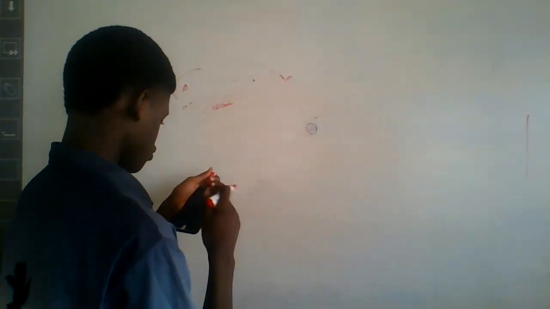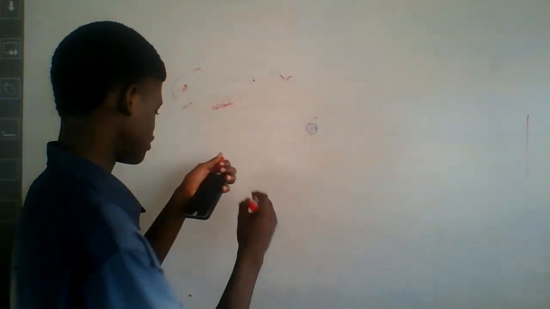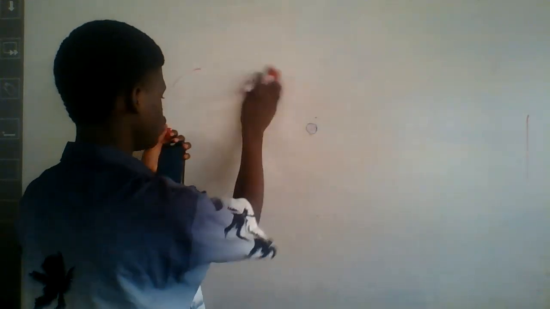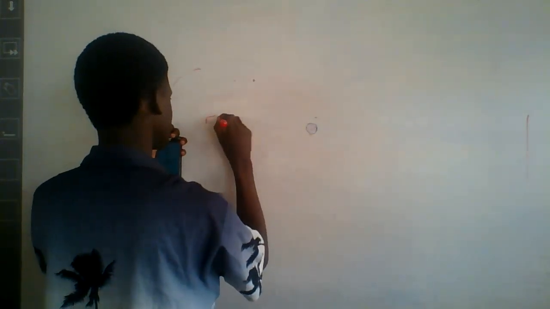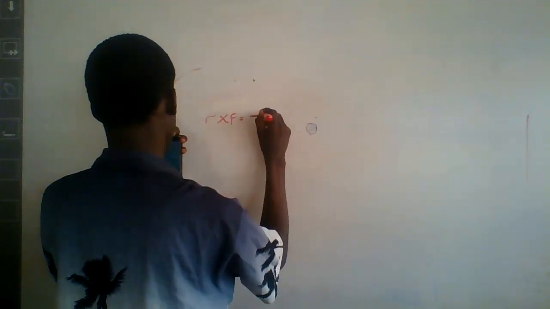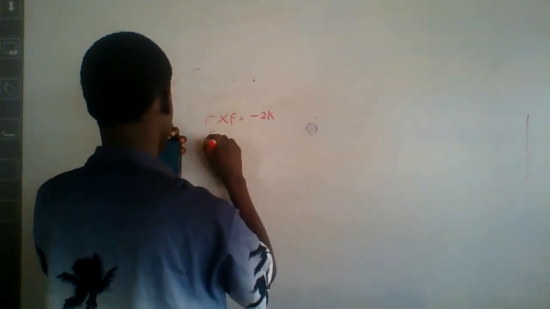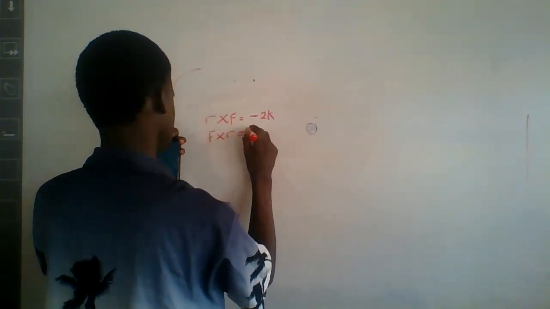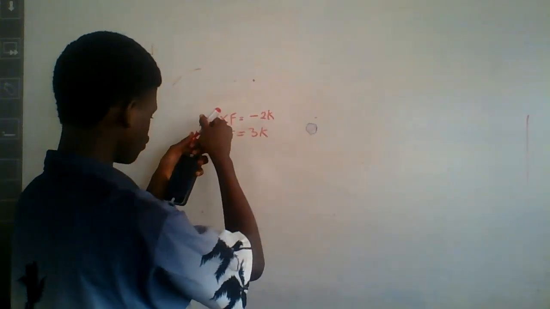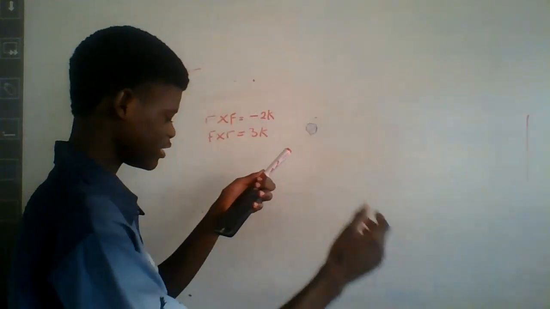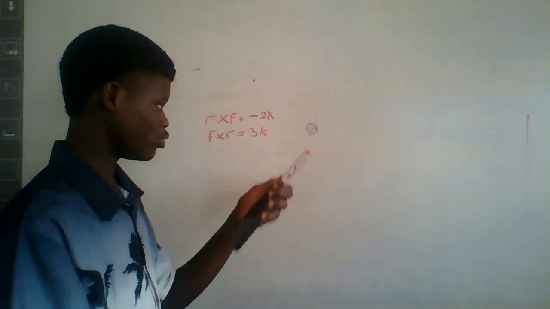Question 9 is testing your knowledge on torque. It says R cross F is equal to minus 2k, F cross R is equal to 3k, and asks to find the torque on the body if R is the perpendicular distance in meters and force is in Newton.